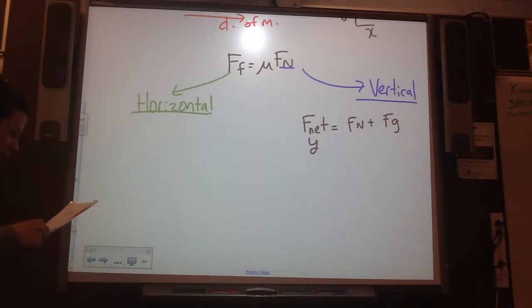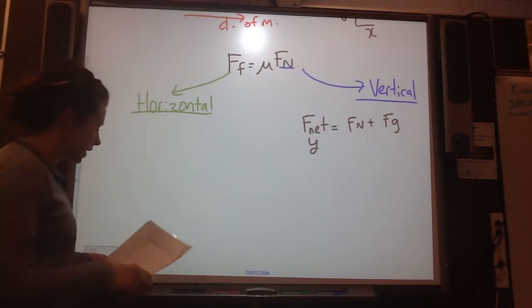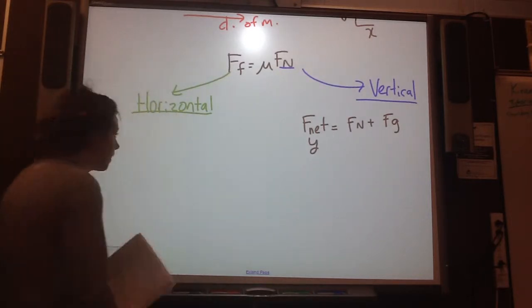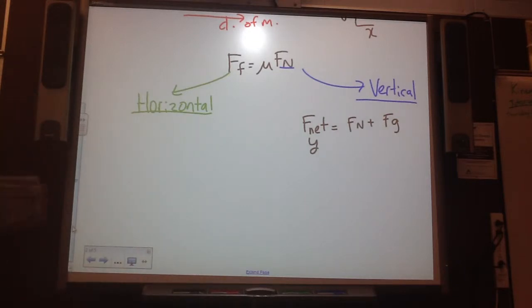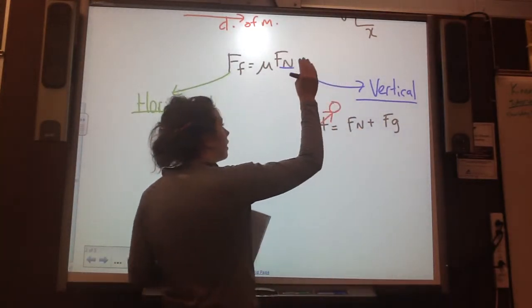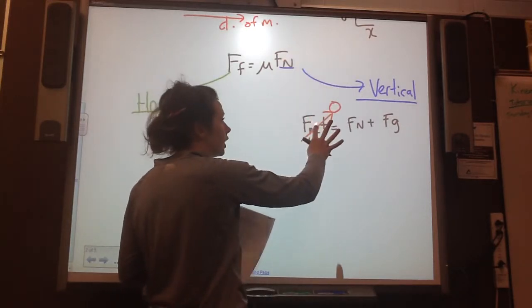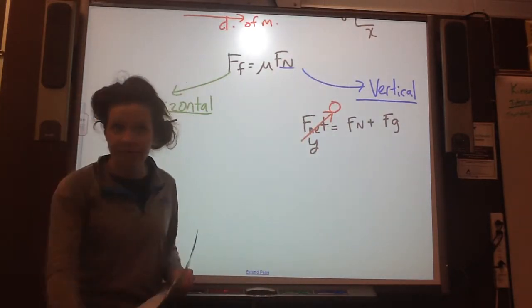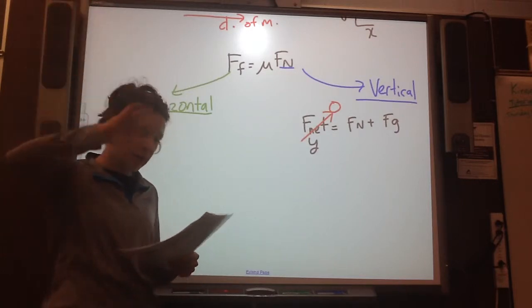But is this dog sled moving up or down? No. So we can conclude that F net for its vertical is 0 because the dog sled's not falling and it's not going up at all.